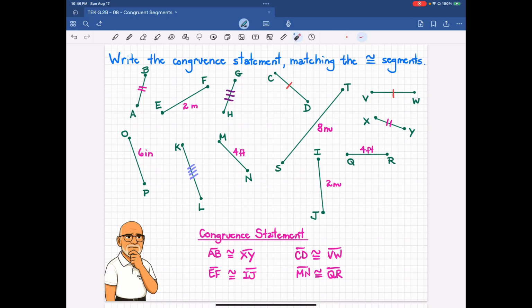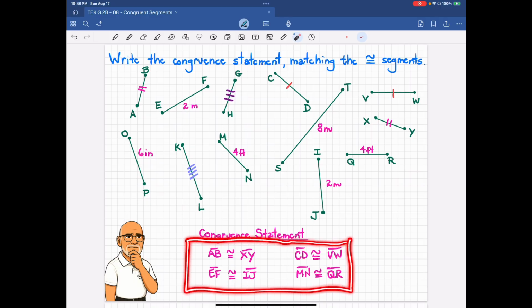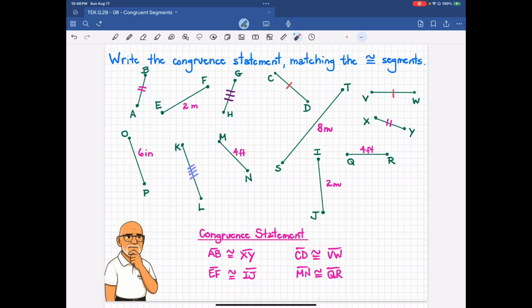So this line segment doesn't have a match. This one doesn't have a match. This one doesn't. This one doesn't. So we have gotten all of the congruent segments. We've made up congruent statements. I'm going to box my answer in, and we are finished with the problem.